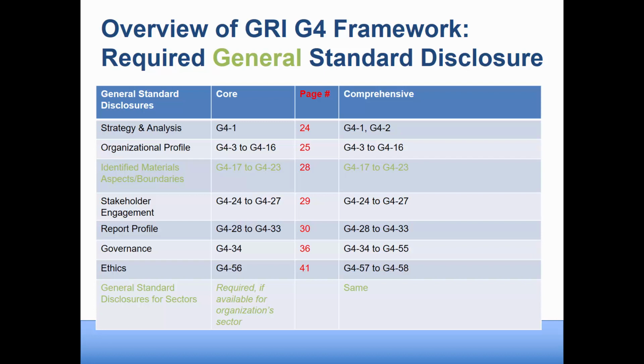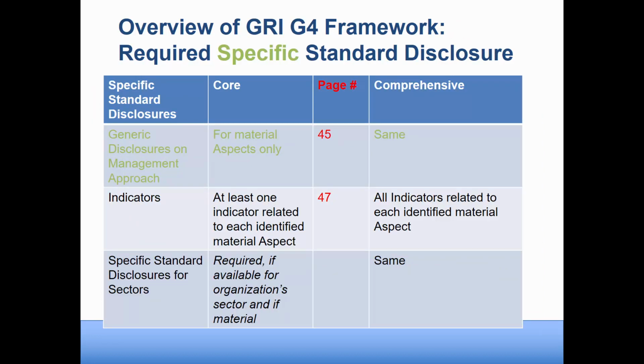What does your organization look like? Who are your stakeholders? What's your governance policies? Do you have an ethics board? So these are the kinds of things you're reporting under your standard disclosures. These are also just best practices when reporting financial statements too, because this gives you an overview of the company. Okay, so you got that.